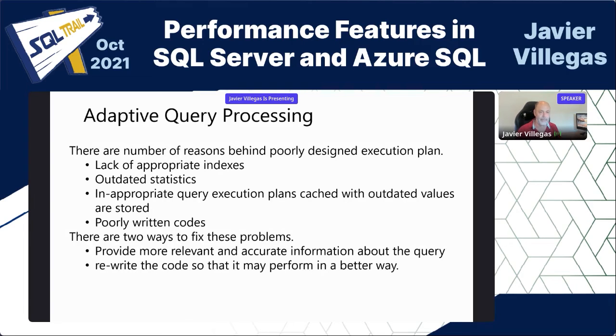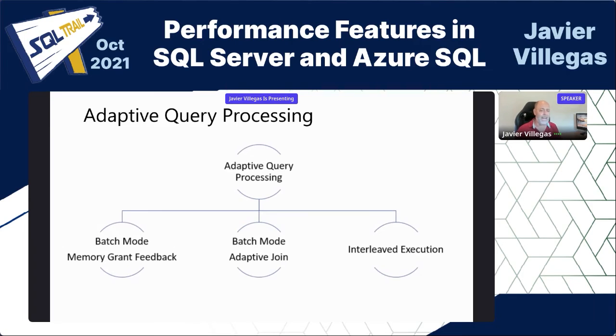This is really interesting because without changing any code in our stored procedures, SQL Server will take care of this automatically, right? And there is a set of possibilities in this query plan feedback, or adaptive query processing in this case.